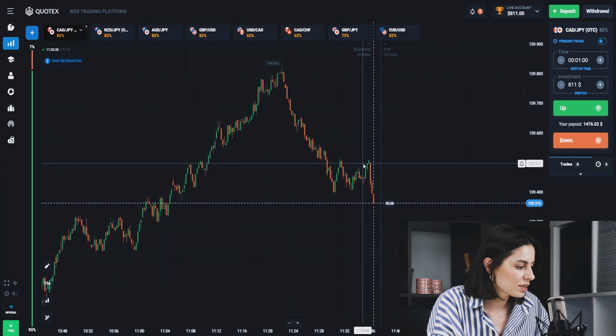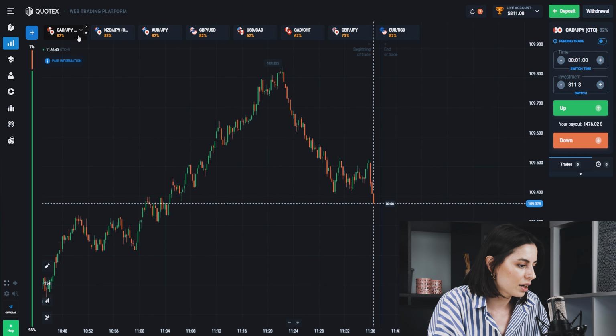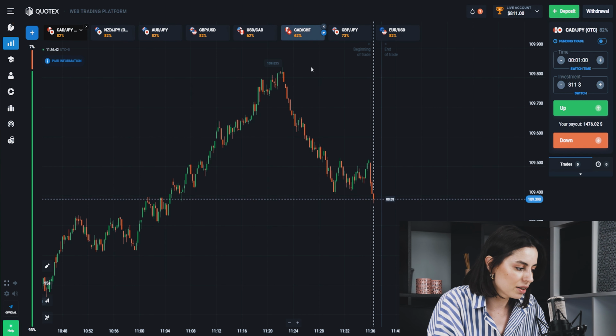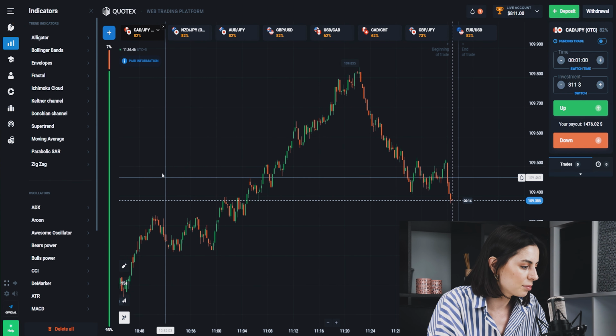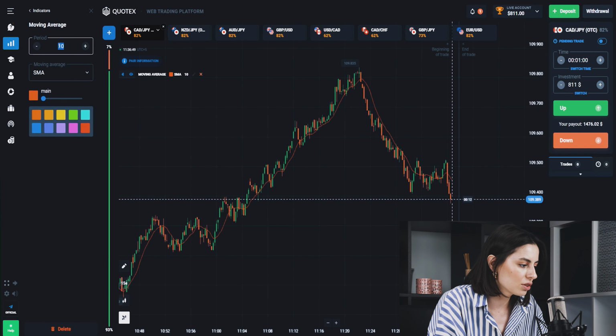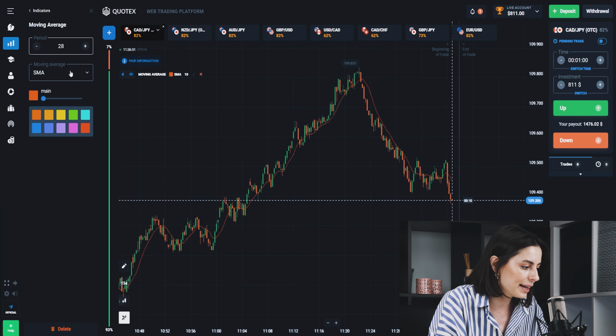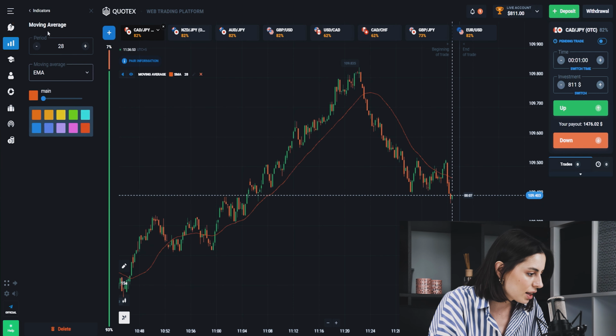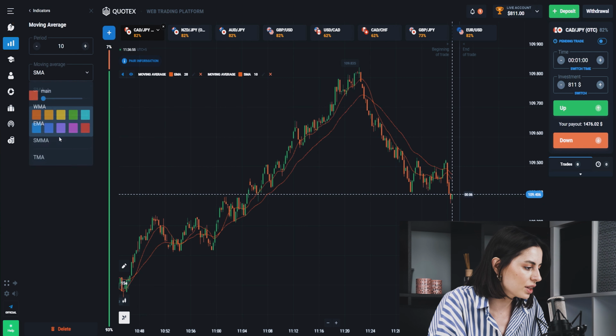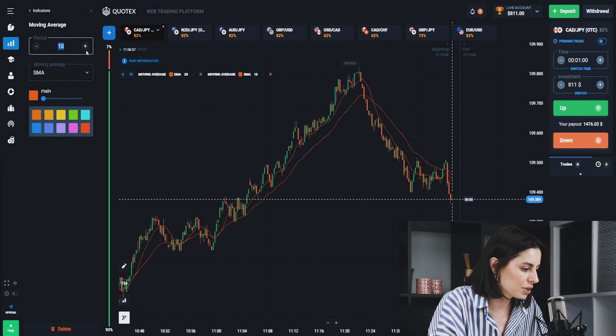So here's gonna be 1 minute period. I am having all the currency pairs here. The period is gonna be usual. It's gonna be 15 seconds. Here the moving average and the period 28 color. Okay. The second moving average is period 8.